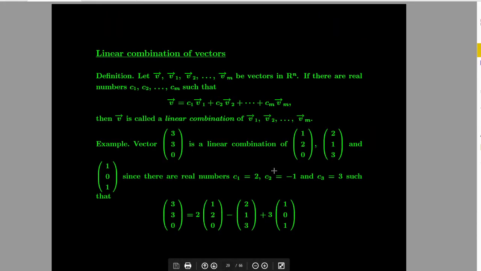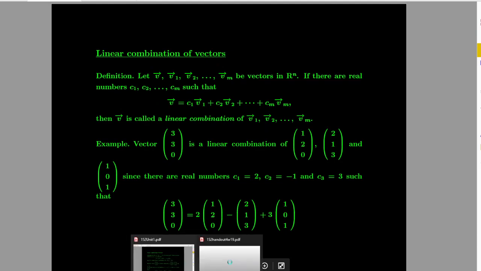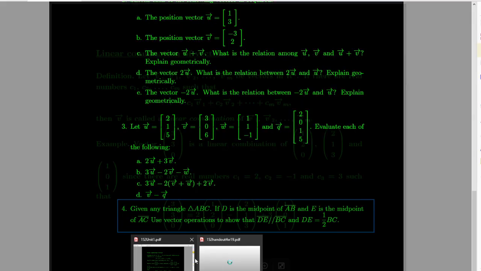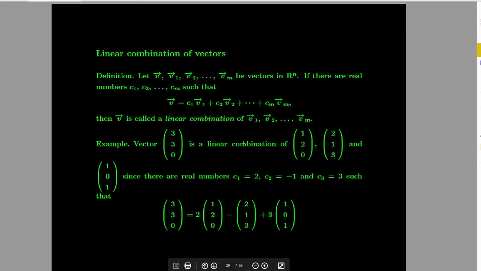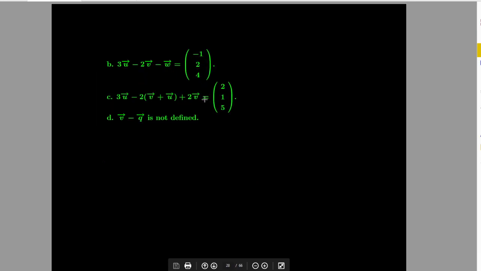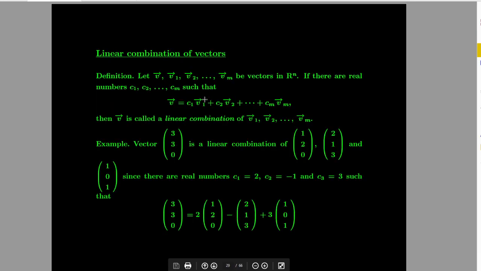If you don't have any questions, we'll move on to the next handout. In terms of the section, it's the next section. We're going to talk about the definition of linear combination. That's actually one of the key definitions in the course. We're going to use linear combinations over and over again. Okay.